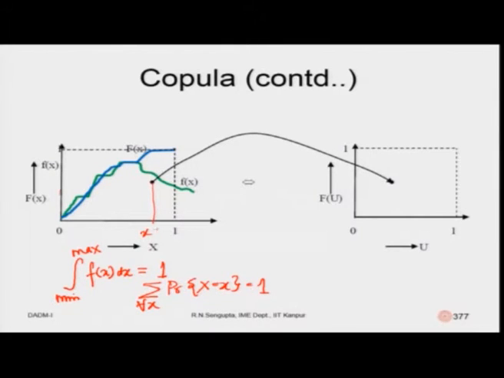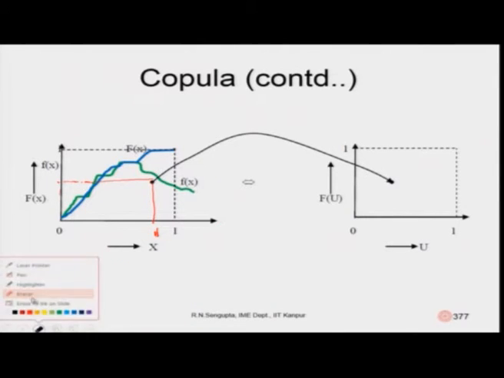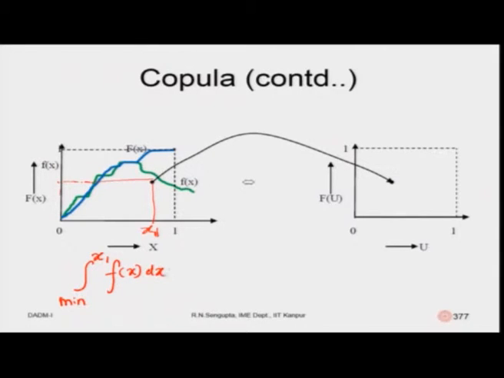some x1, and its corresponding value is given for the PDF. Now, consider this is x 1, let me erase it, so it will be easy. So, it will be from the minimum to the x 1 value, f of x dx.